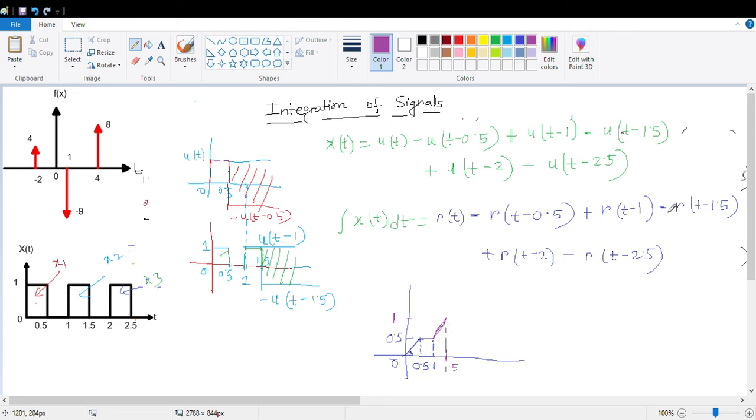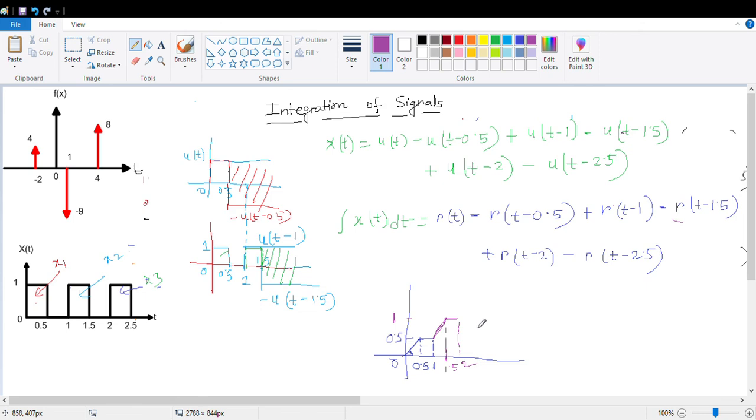Now for this part, as they cancel out each other, we will get a zero slope signal. How far will this zero slope last? If there are no more signals, this zero slope would continue for infinite time. But at t equal to 2, another unit ramp comes into the picture. So this will only be present up to 2. Here we will get another unit ramp.